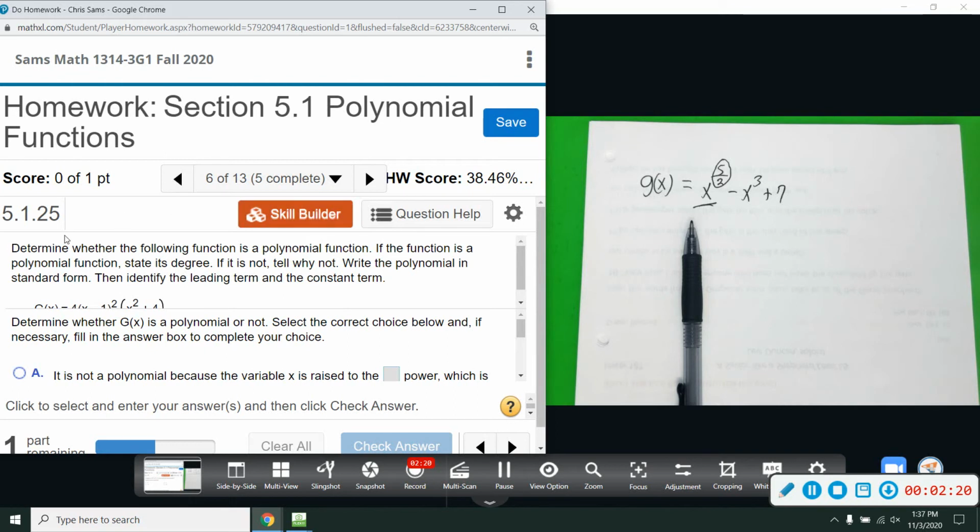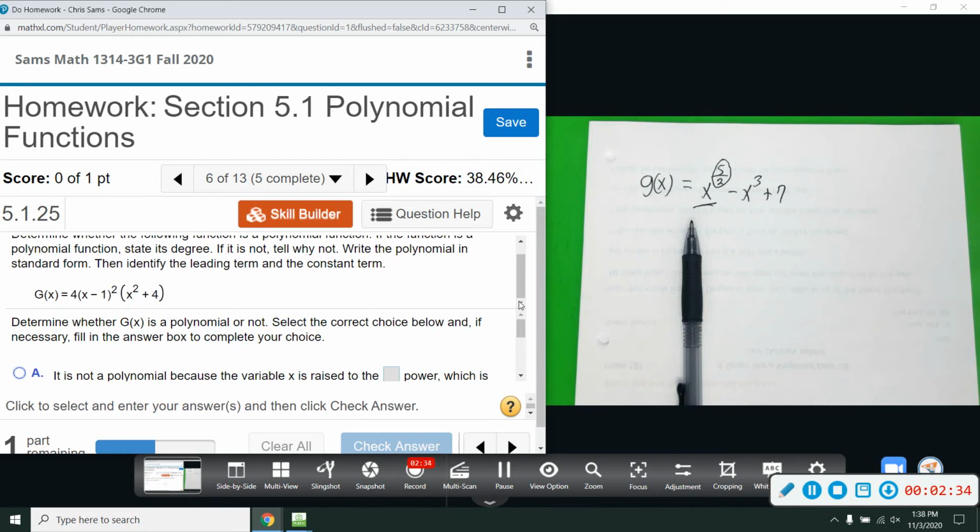Number 6, determine whether the function is a polynomial. If it is, we're going to state its degree. If it's not, we're going to tell why, and we're going to put it in order and identify the leading term and constant. Okay, so this one has all whole numbers. So we will be able to do this one. We will actually have to do some simplifying here.